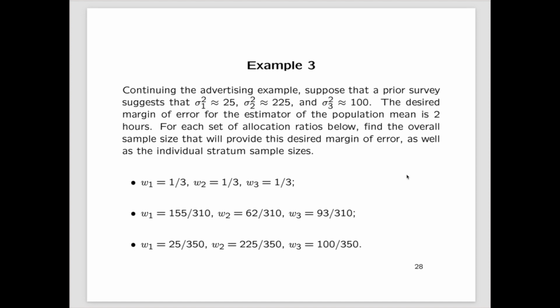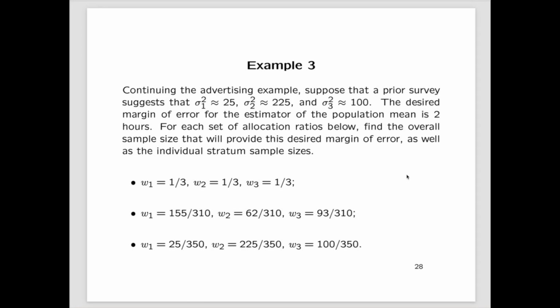Continuing the advertising example, suppose that a prior survey suggests that the variance of stratum 1, sigma 1 squared, is approximately 25 hours squared. The variance of stratum 2, sigma 2 squared, is approximately 225 hours squared. And the variance of stratum 3, sigma 3 squared, is approximately 100 hours squared.